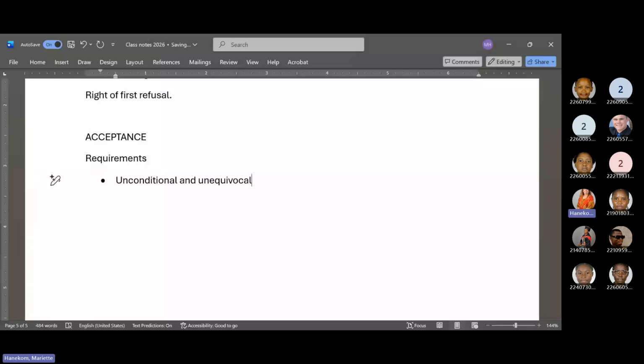The moment there are conditions attached or you try to change it. I offer the car for 300,000. Your acceptance is yes. If I offer the car for 300 and you say, yes, but only 250,000, that is not an acceptance, it is a counter offer.